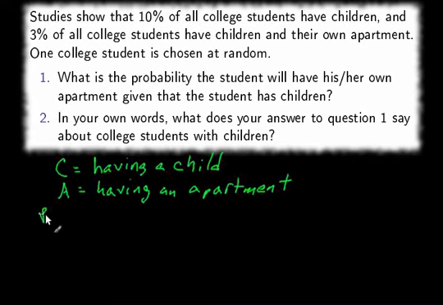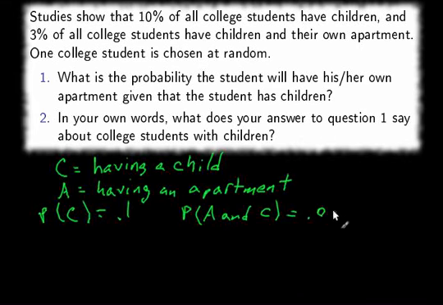Then what we know is the probability of C, probability of having a child, is 10% or 0.1, and the probability of having an apartment and children is 0.03.